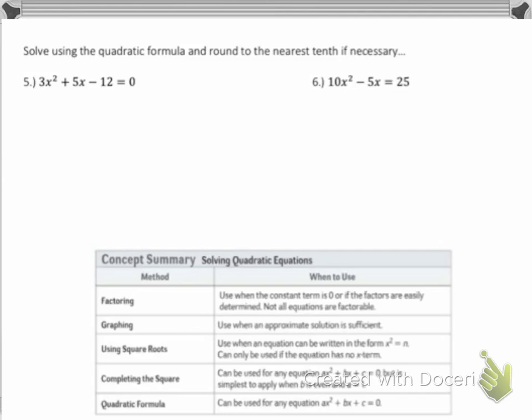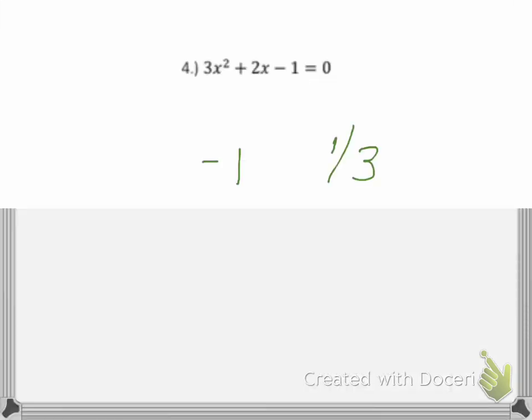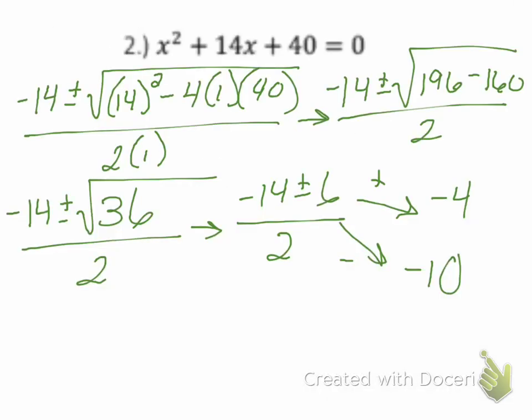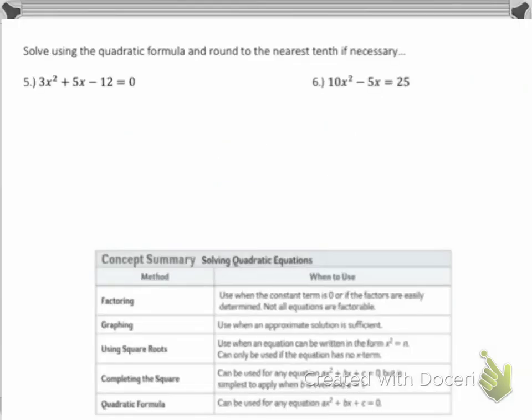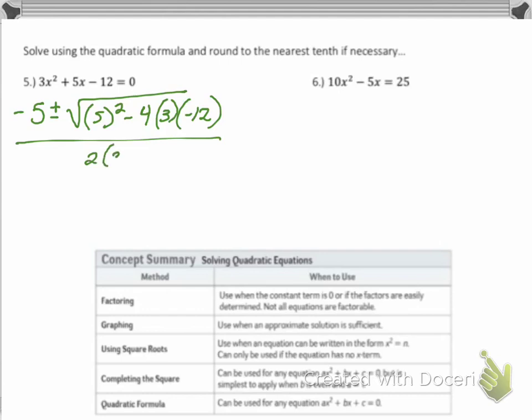Now the last 2 problems I want to wrap up this video are for 5 and 6, because you're not necessarily going to end with perfect numbers. Meaning, like, we've always had perfect square roots, and so it's actually more common to not have perfect square roots. So if I look at number 5, I would say, okay, the opposite of b plus or minus the square root of b squared, so 5 squared, minus 4 times my a value times my c value, all divided by 2 times a.